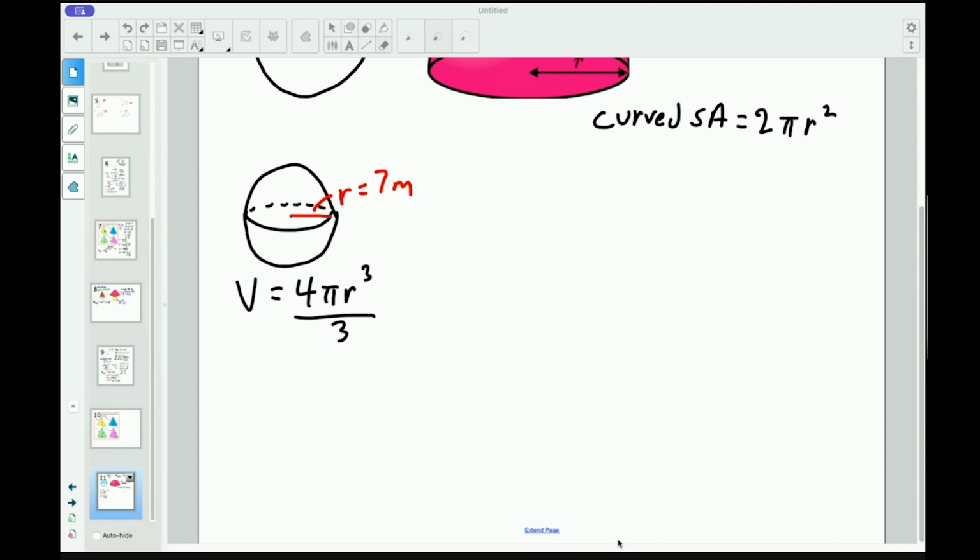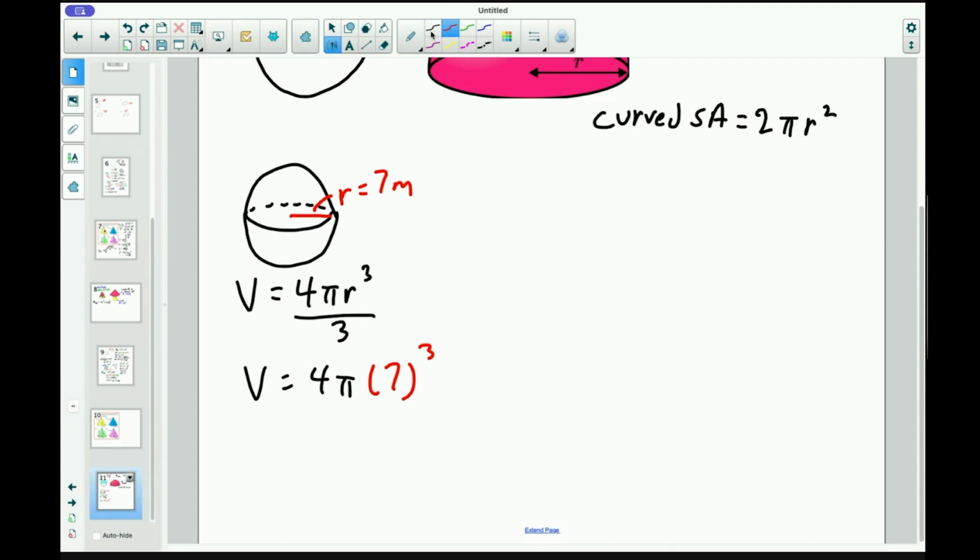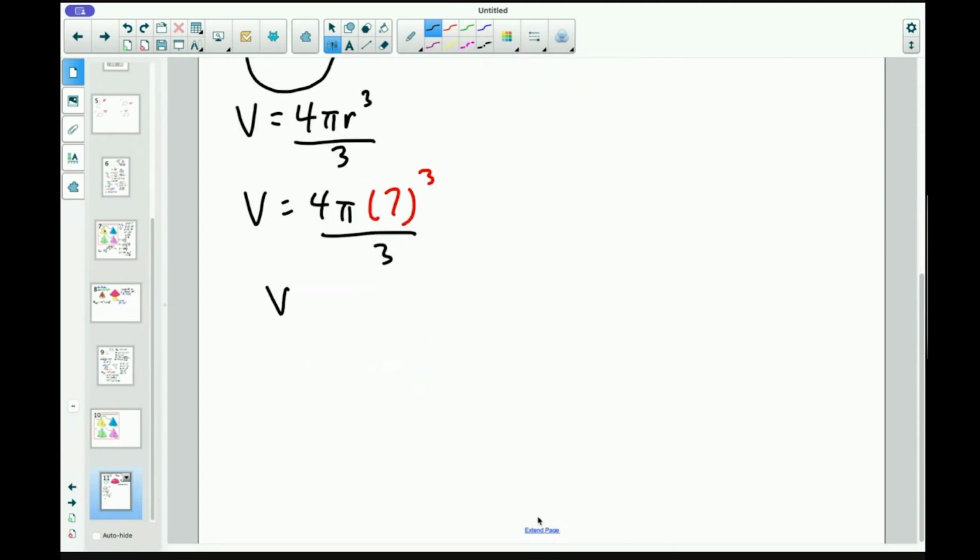So let's work through this question. So if we have r is equal to 7, let's go ahead and substitute this into our formula. So 4 pi times 7 cubed, and we're going to divide this by 3. So 4 pi r cubed, so 4 pi times 7 cubed.